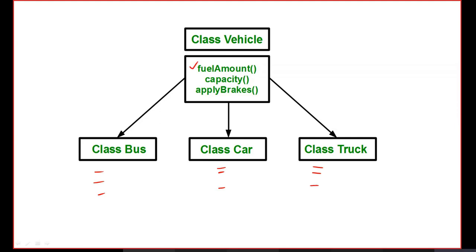These three functions will be common: the capacity, the fuel amount, apply brakes. There are many others, but let us consider that for every vehicle, these three functionalities are common, and that is why they will be inherited into every derived class, apart from the other functions of the specialized classes. Fine. Okay.